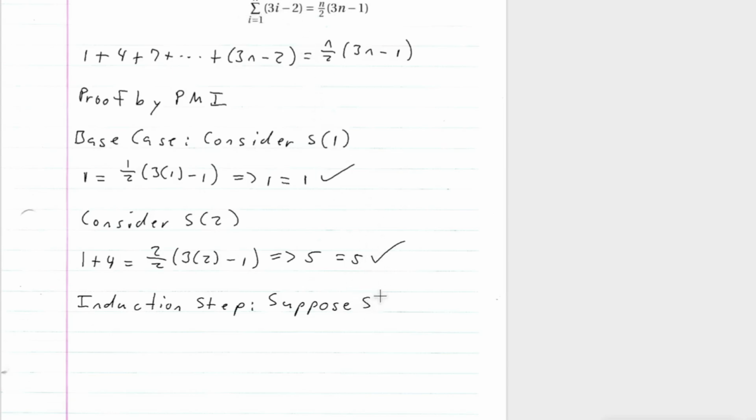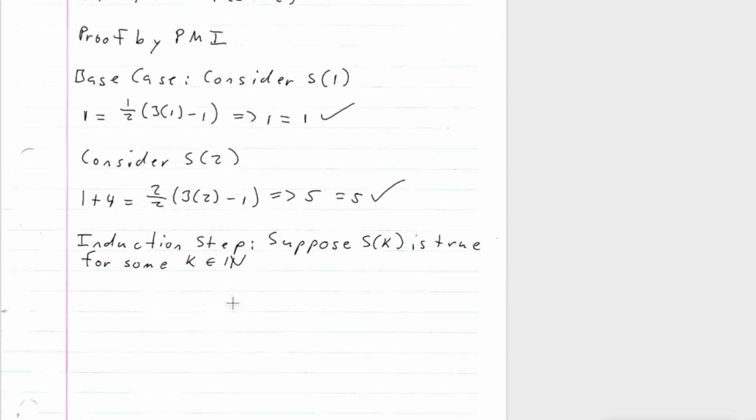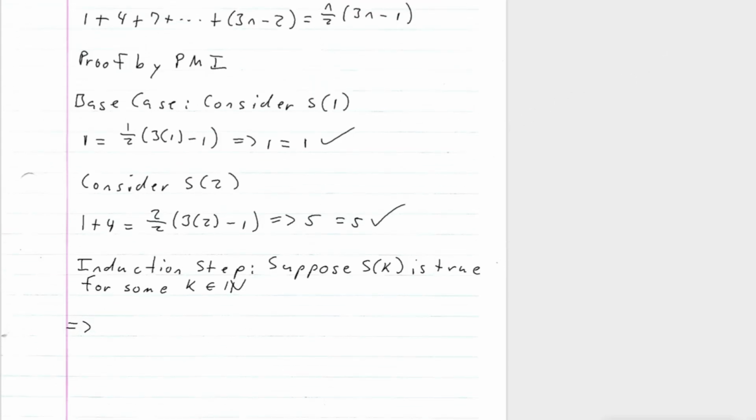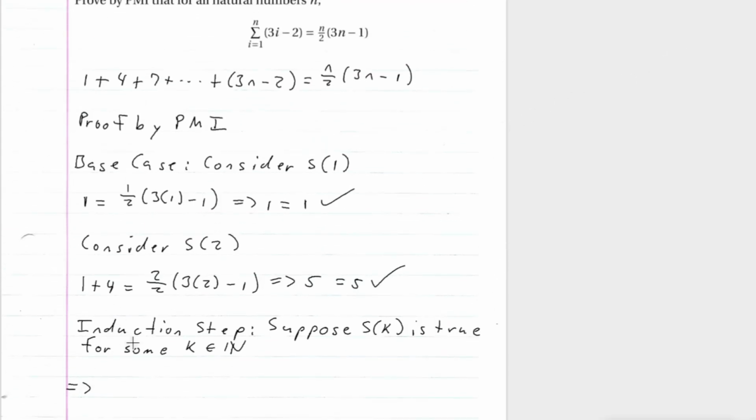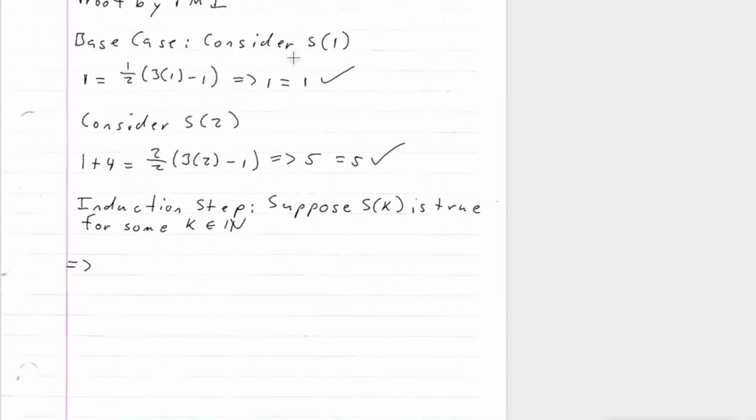So suppose S of k is true for some k contained in the natural numbers. So it basically implies that this statement is true for some natural number k.